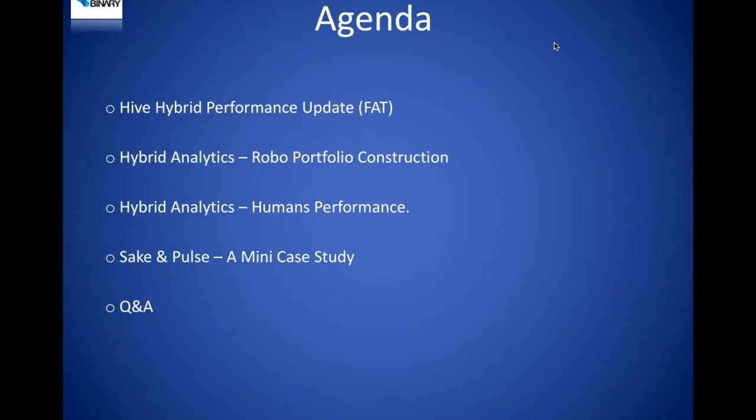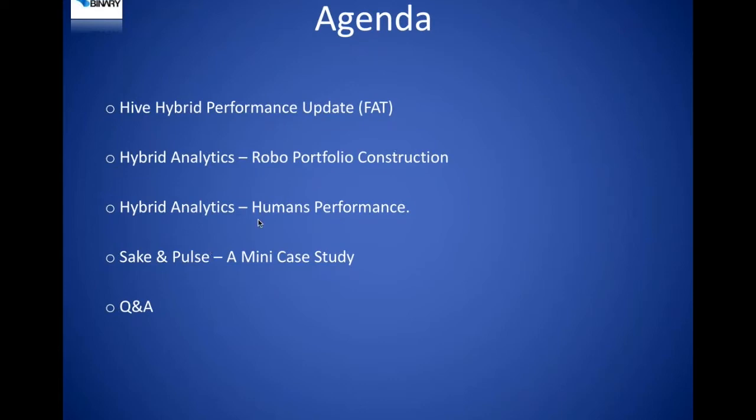The agenda for today is to give you a hybrid performance update for those of you that are using hybrid on FAT mode. That's fully automatic trading mode. This webinar is focused on those of you, not those of you that are using Signal Hive for manual trading. I will then also present the hybrid analytics section and construct a real-time Robo portfolio. Of all the robotic streams that are free, that are included in the subscription that you're paying per month, we're going to construct the ideal or handpick the ideal ones and also find the best Hawkeye risk settings for them.